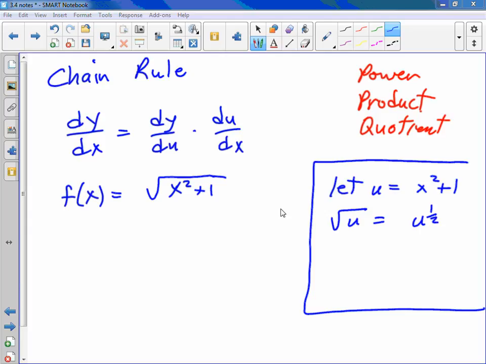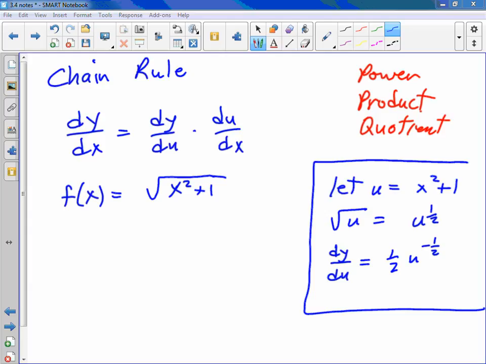And then we can say dy du equals what? The derivative here would be what? There you go, 1/2 u to the negative 1/2. Good. Okay, we're ready to cruise then.